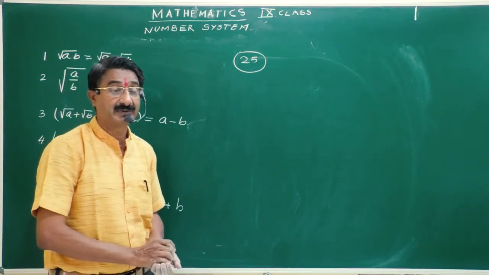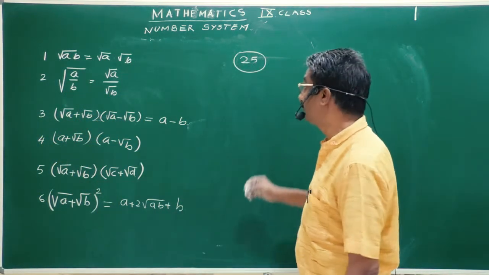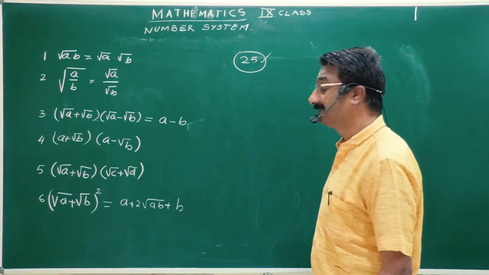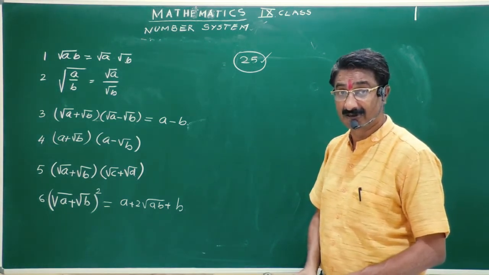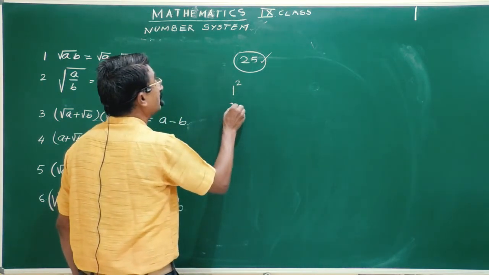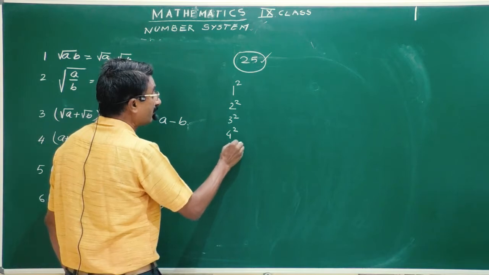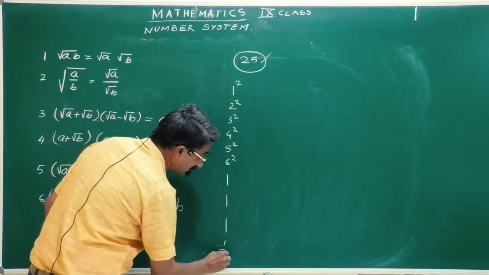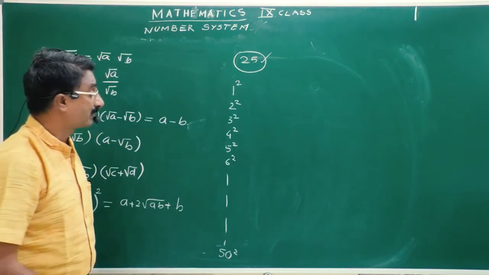If you want to solve mathematics very quickly and very smartly, then you must know the tables up to 25 and squares up to 50 and cubes up to 30. Squares up to 50 means 1 square, 2 square, 3 square, 4 square, 5 square, 6 square, and so on, up to 50 square. That you can remember in parts.